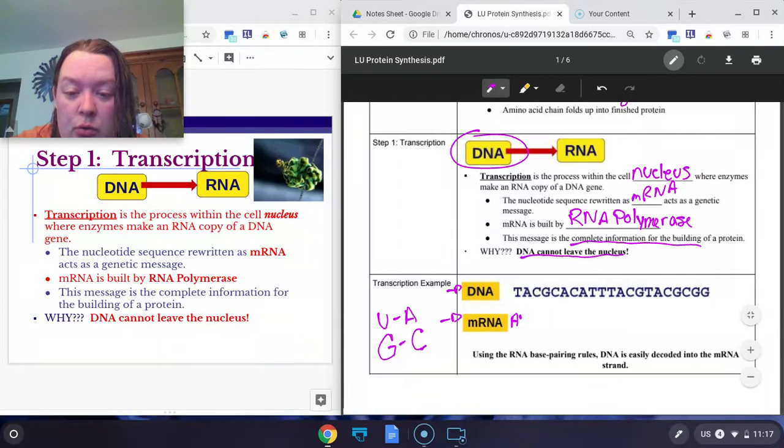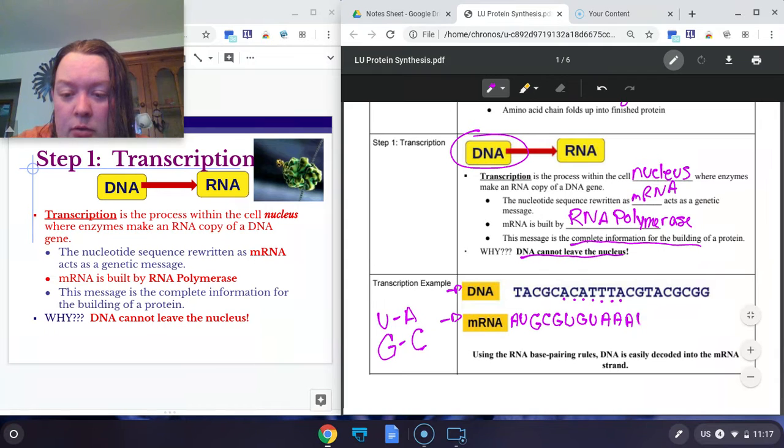A goes with U, C goes with G, G goes with C, C goes with G, A goes with U, C goes with G, A with U. We have 3 T's in a row. Remember, T's go with A's.